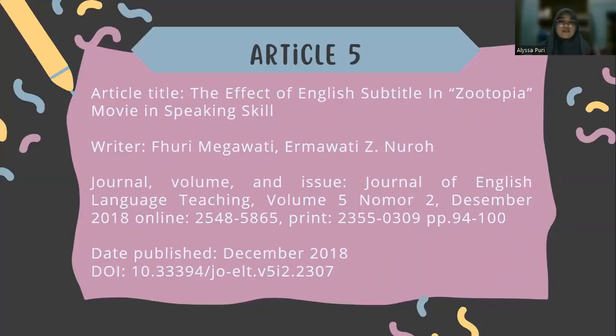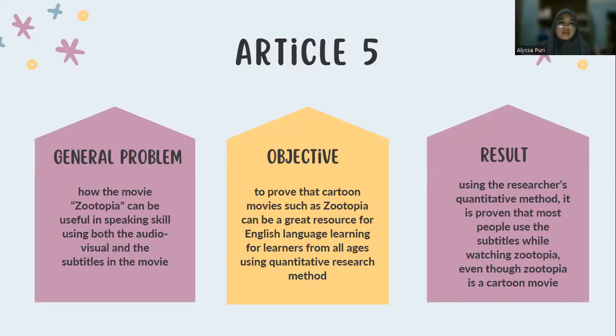Article 5 is titled The Effect of English Subtitle in Zootopia Movie in Speaking Skill, written by Puri Megawati and Ermawati Z. Nuro. The general problem of Article 5 is how the movie Zootopia can be useful in speaking skill using both the audiovisual and the subtitles in the movie.